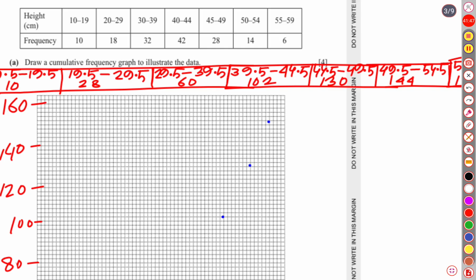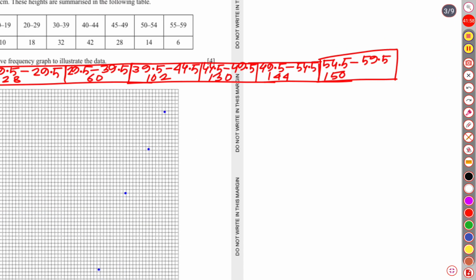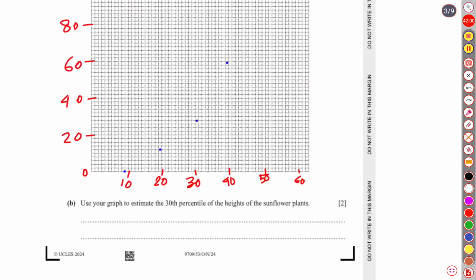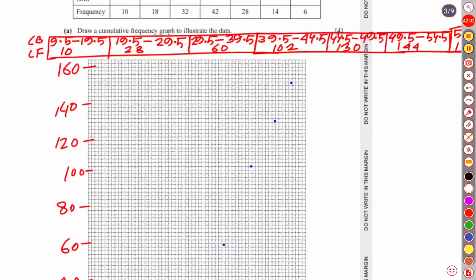Finally, our upper bound is 59.5 and our frequency is 150. So 59.5, it was 60 there, so 59.5 will be just here, and 150 is half of this, so over here.